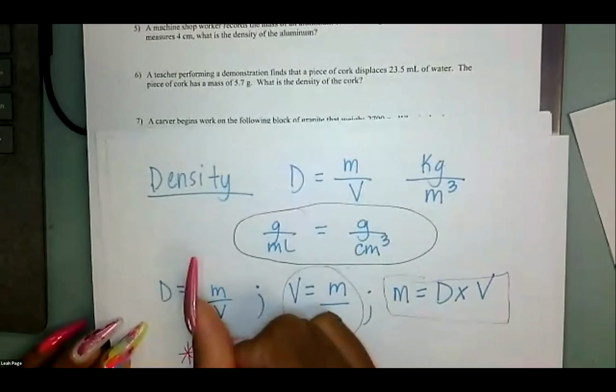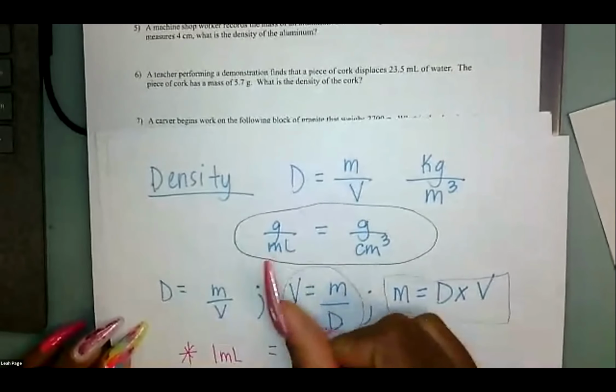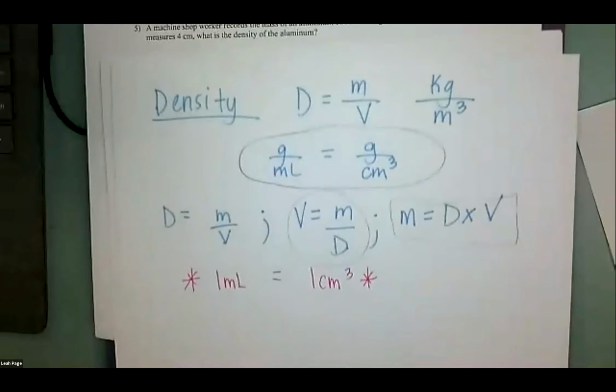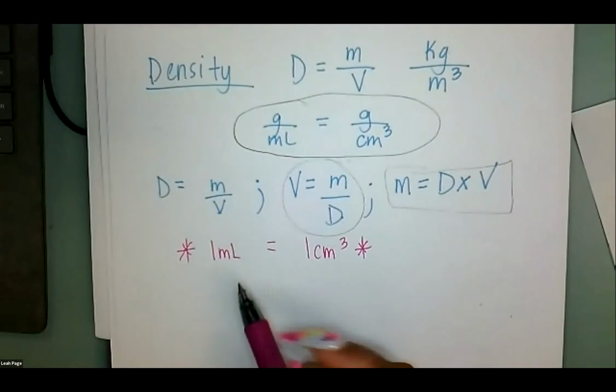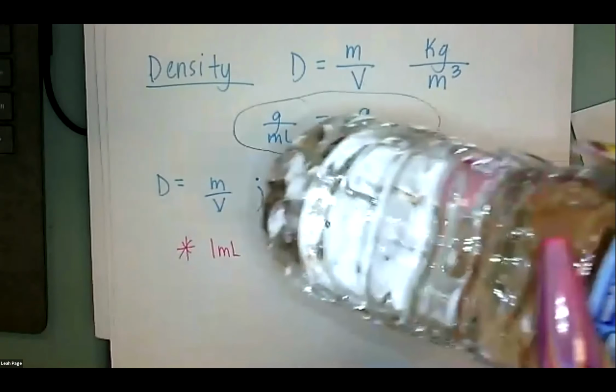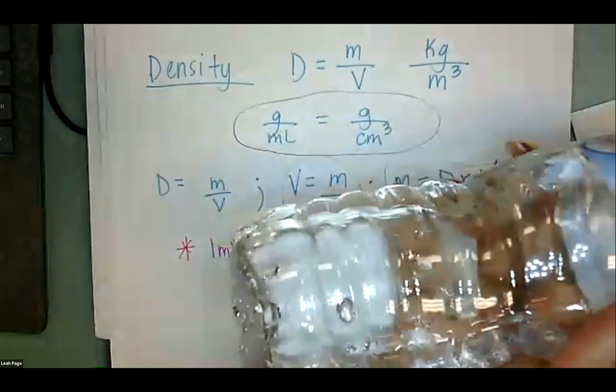I want to put a quick star. Just a reminder, 1 milliliter is the same thing as 1 centimeter cubed, guys. Don't get that confused. I know they look different. Remember I said that when we talk about liquids, like in this bottle of water, it's usually measured in milliliters.